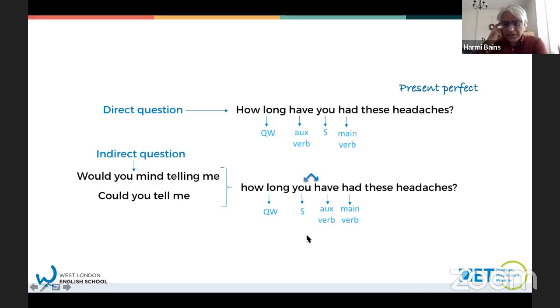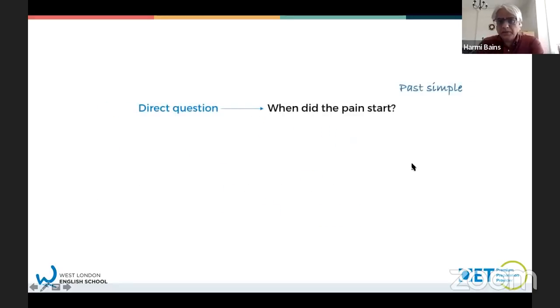So this time we're changing the subject with the auxiliary verb. Let's look at one more example. We've got direct questions. "When did the pain start?" So we've got past simple this time. Again, you've got the question word, and we've got an auxiliary and a main verb. The main verb is start. Auxiliary, it's just the supporting verb, really.